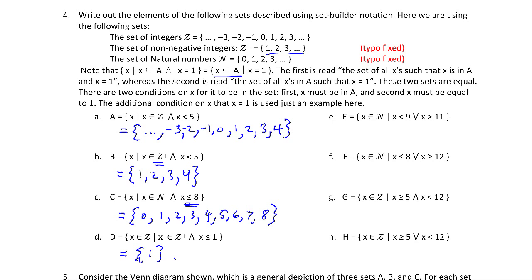The set E. It's all those x's which are natural numbers, and either x is less than 9 or x is greater than 11. This is an or here now. So this is a slightly different thing. Less than 9 or greater than 11. So natural numbers start at 0, so 0 through 8 are less than 9.